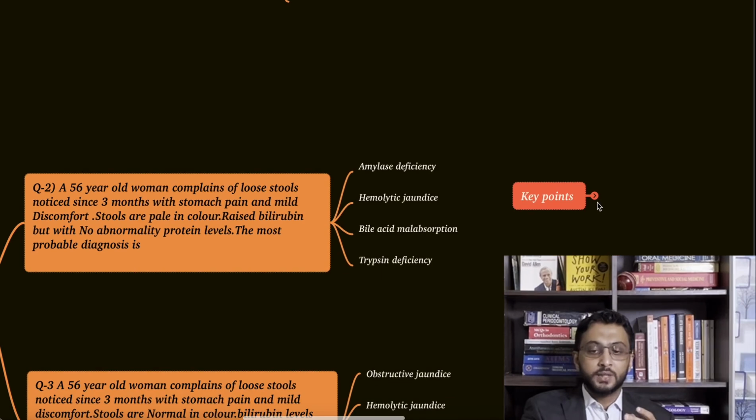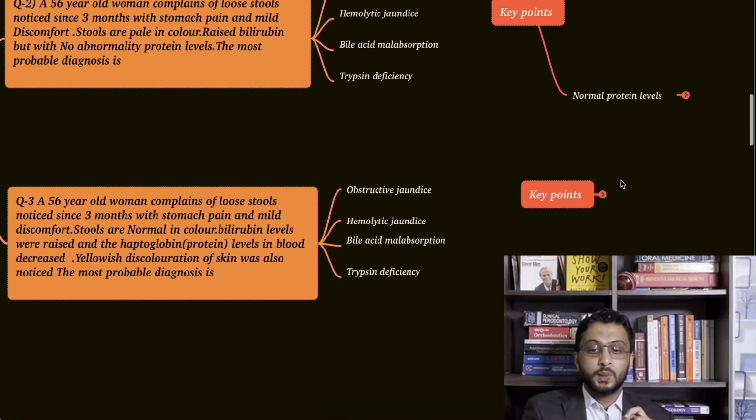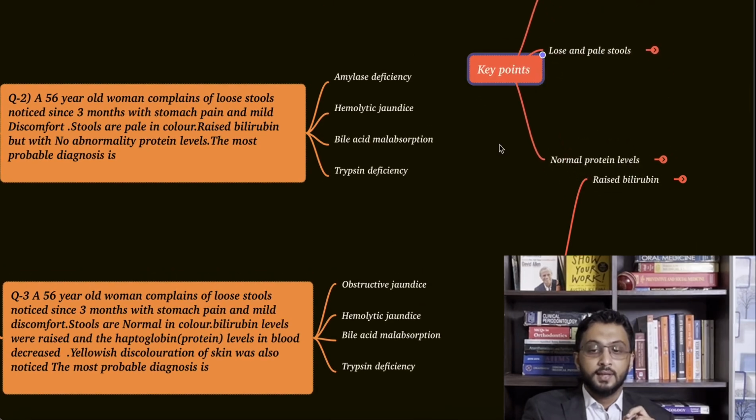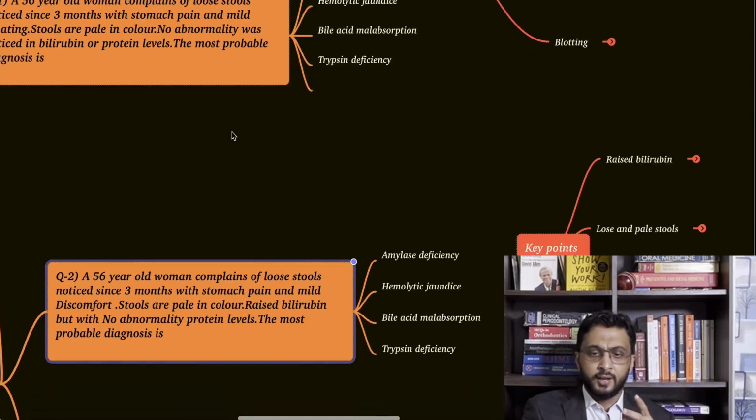Now let's differentiate the key points in these questions. There is raised bilirubin in both of these two questions. Unlike the first one, there is no raised bilirubin. You can pause and read the questions if you want.